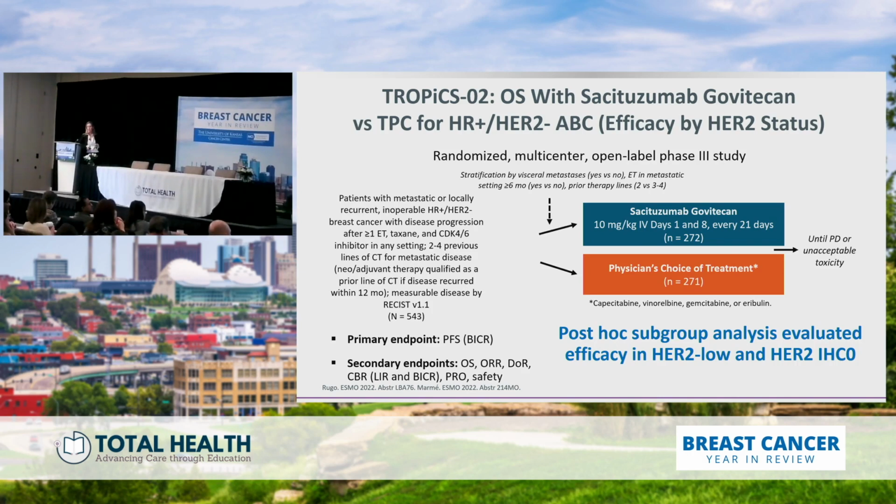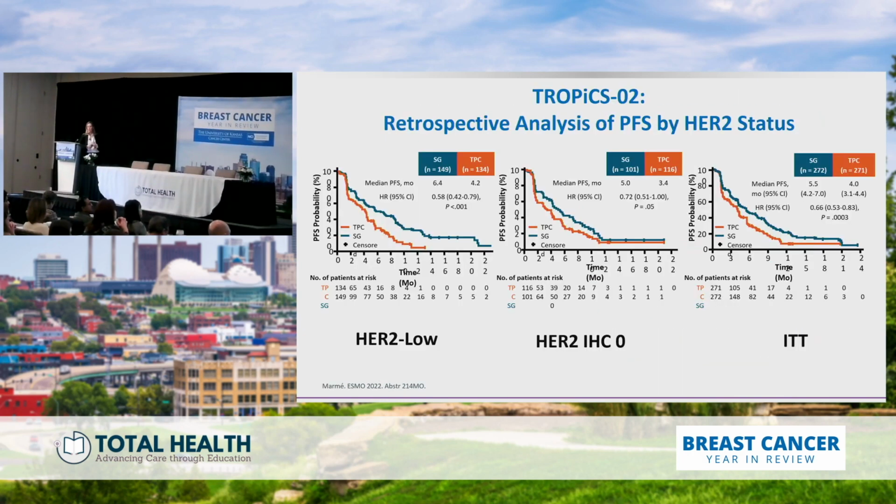And you can see what the chemotherapy options are there. So they did an interesting analysis where they looked at the impact of sacituzumab. Again, this has nothing to do with HER2, but what was the impact of sacituzumab, TROP2-directed antibody-drug conjugate, in the HER2 low and HER2 zero subset of patients that participated?